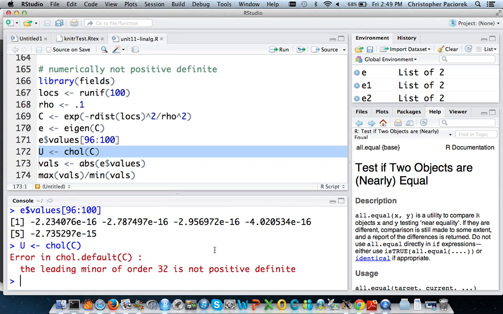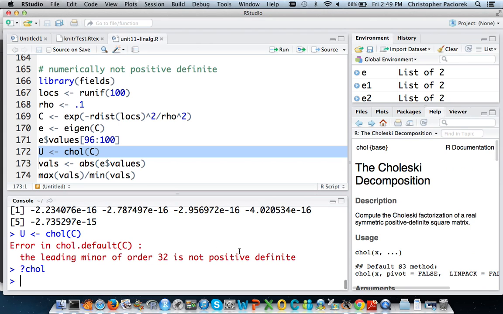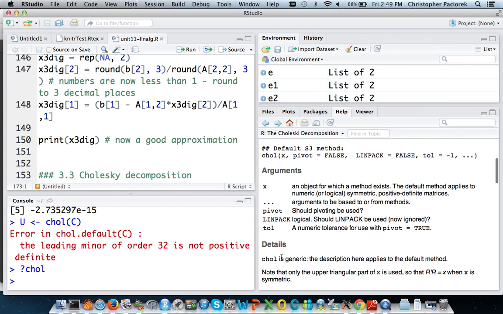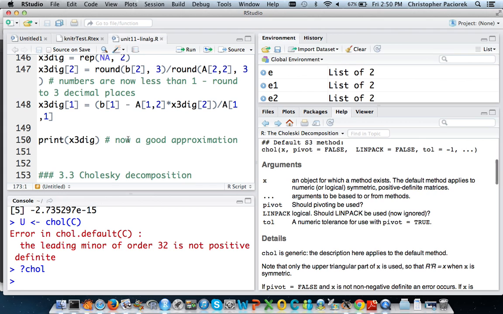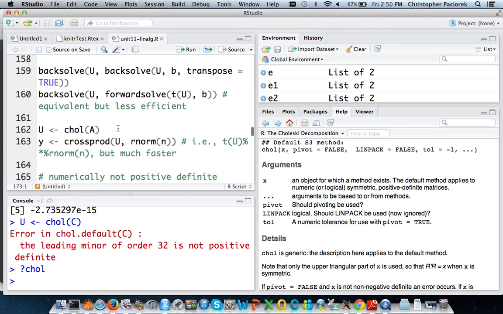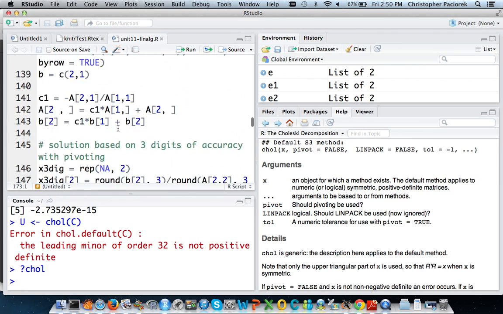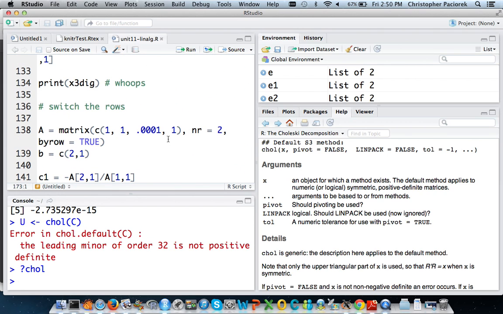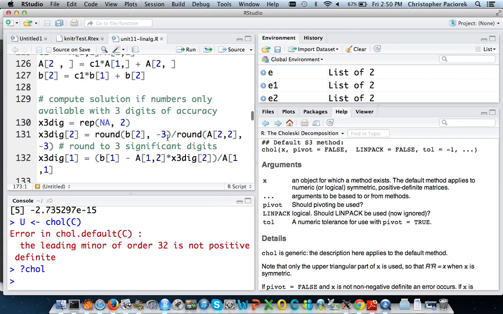You can look at help on Cholesky and see that there is a pivot argument here. By default it's false, so it's going to give you back errors like this if you have a numerically non-positive definite matrix. But you can tell it to use pivoting. Let's see, I sort of lost track of where I am here.